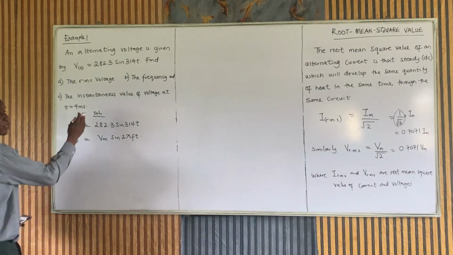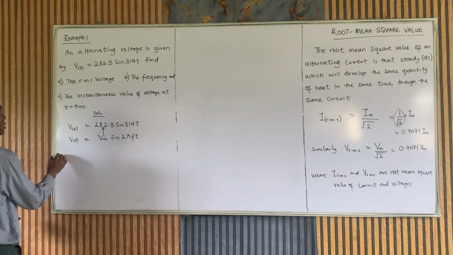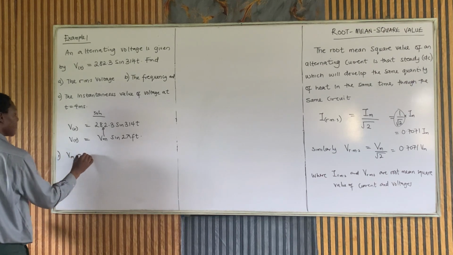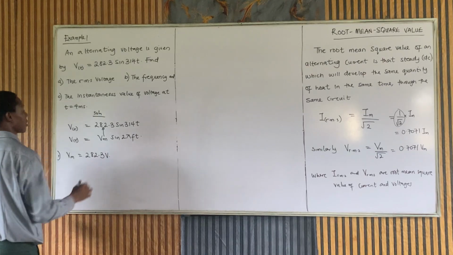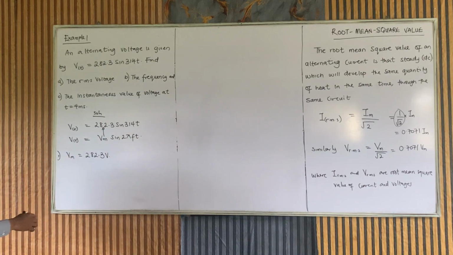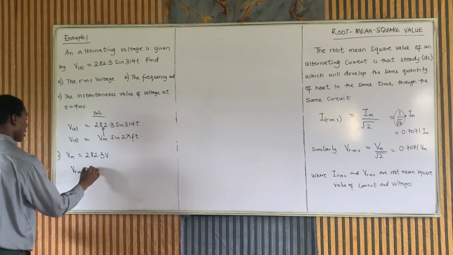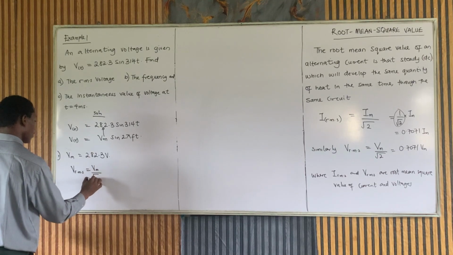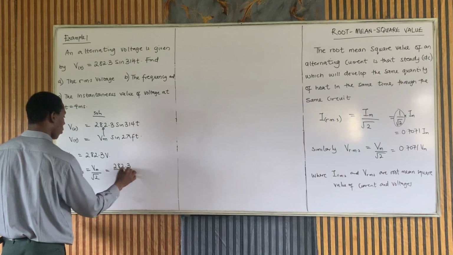If we compare these two equations, we have the maximum voltage is given as 282.3 volts. Hence, we can now look for the root mean square value of voltage. Vrms now is Vm over root 2. And that will be 282.3 over root 2.